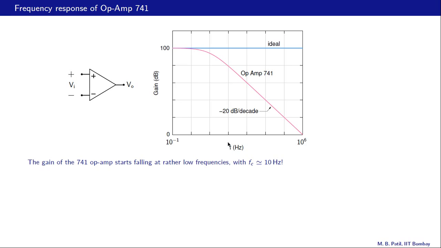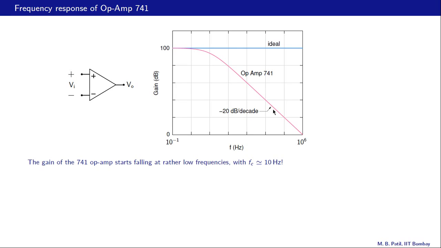Now the ideal response of the op amp 741 would be flat, that is, it would be independent of the frequency. But this is what the real response looks like. It starts dropping off at some frequency here, and then it reduces at the rate of minus 20 dB per decade.